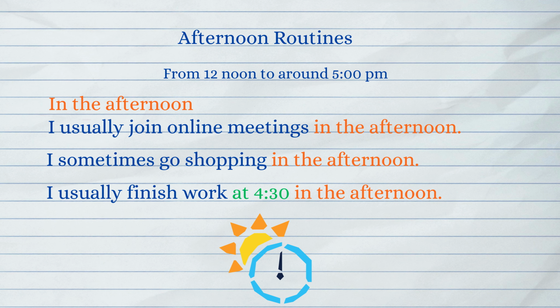And when we talk about a specific time, we use at. For example, I usually finish work at 4:30 in the afternoon. So remember, we use in the afternoon to talk about activities we do between 12 noon and around 5 p.m. And we use at for a specific time.